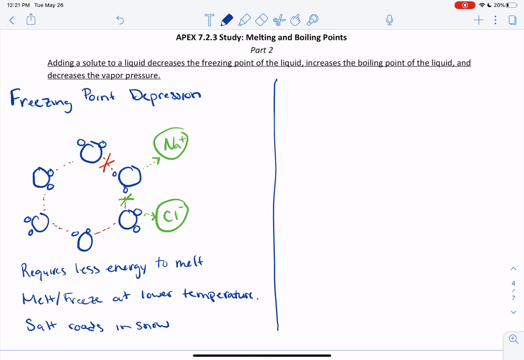Now let's move on to boiling point elevation. Boiling point elevation means the boiling point increases. So why is this? Well, if we have our water again, we know that the hydrogen end is attracting to the oxygen ends, and for water to boil, you need to break apart those interactions. Now let's say that we add our sodium chloride.